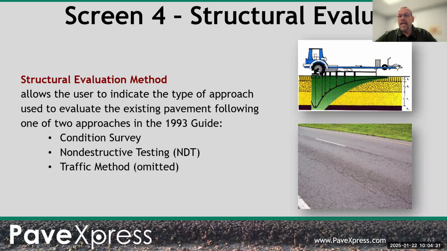The traffic method was not included in PaveXpress to determine the structural condition of the pavement. I'm not sure what the whole traffic method was. I think it was just based on your traffic and how much damage it might do over time, rather than looking at how much cracking is actually out there or going out and doing FWD testing. So with PaveXpress, our options are the condition survey or the non-destructive testing.